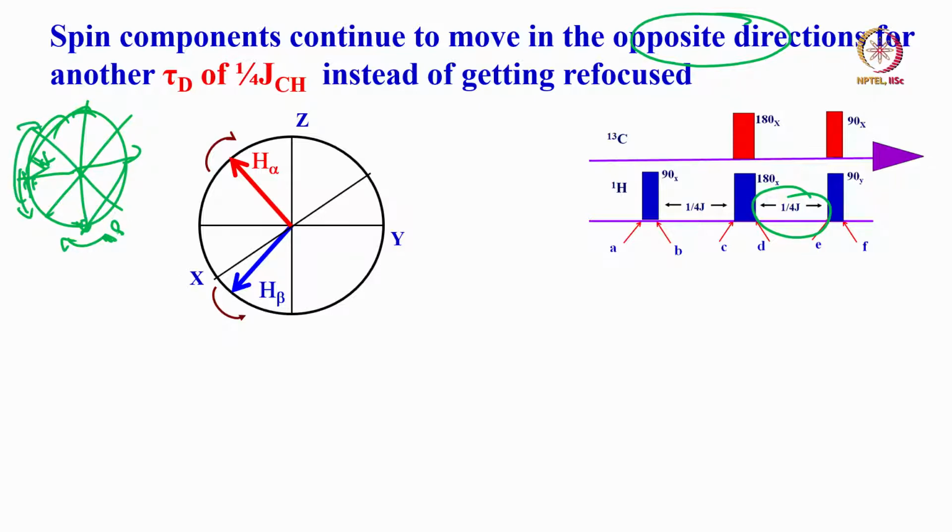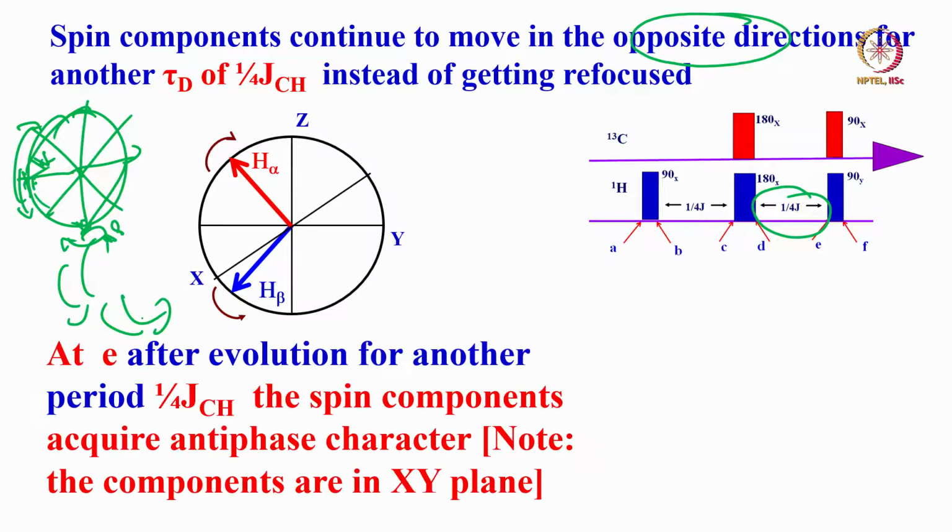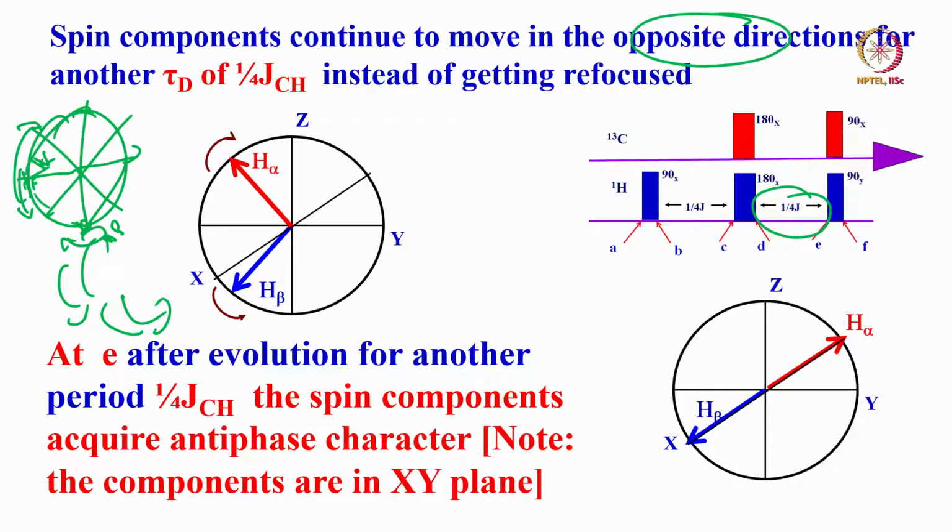So now what has happened? Instead of both moving in this direction, this starts moving this way, this starts moving this way. A very interesting thing will happen. It is going to happen now at E. After evolution for 1 over 4J, these spin components again acquire antiphase character. H alpha and H beta will be again, this will come here and this will come here.